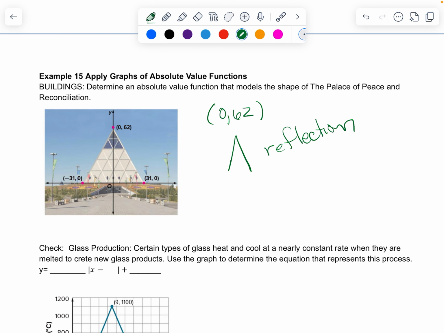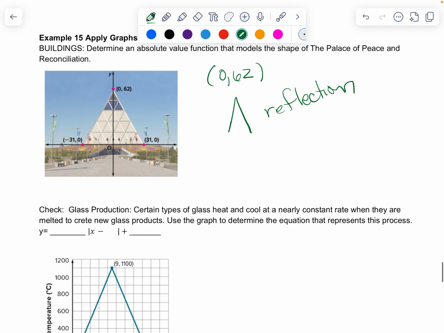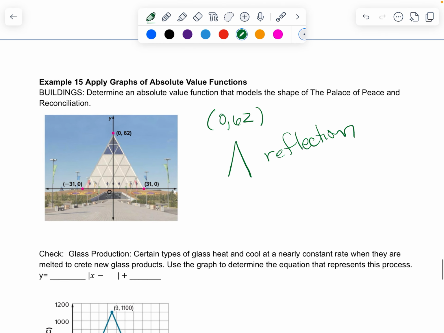Okay. So if I look at this, what is the slope of this line? So if I do the slope on this, I get 0 minus 62 over 31 minus 0.